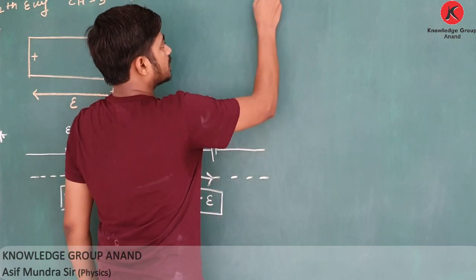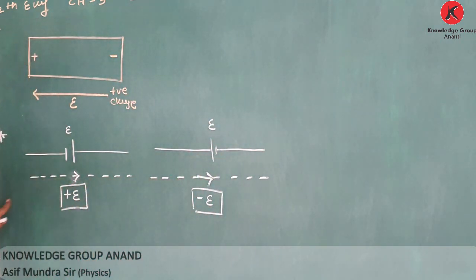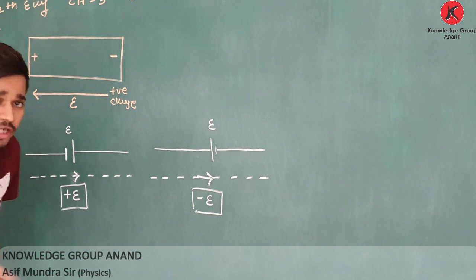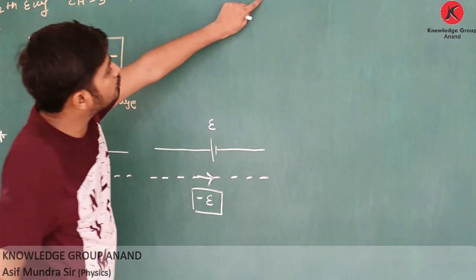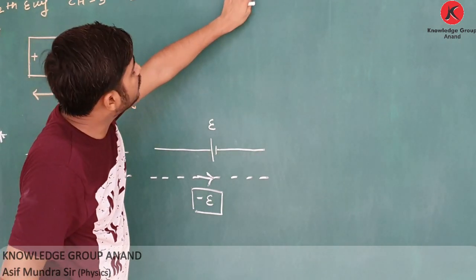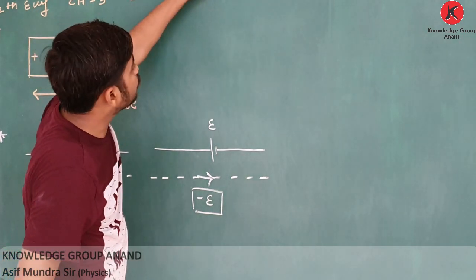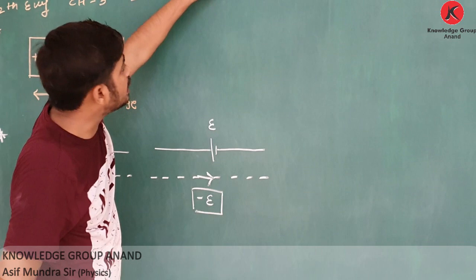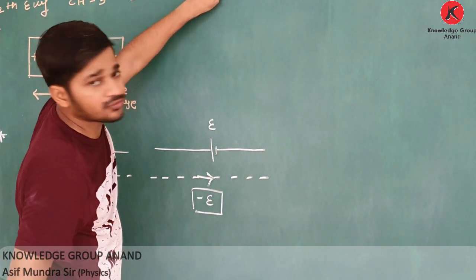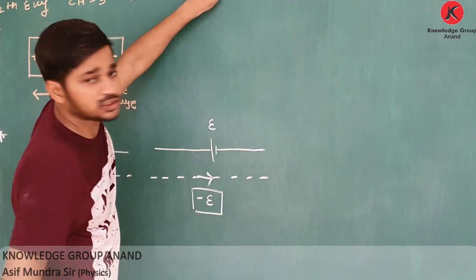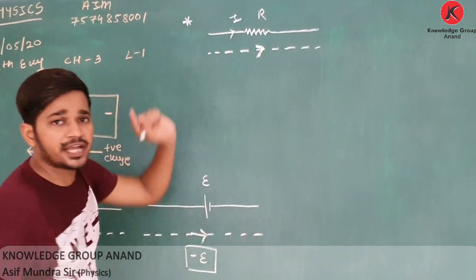This dotted line indicates our path, that we are moving on this loop. So if we are moving in this direction and we face any resistance R, the current flowing through it is I, which means we are moving in the direction of current.